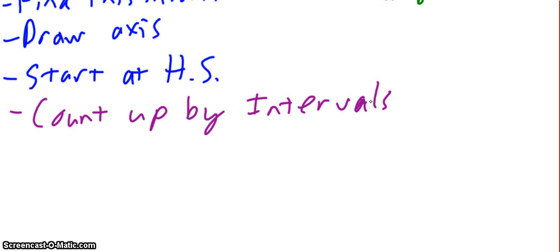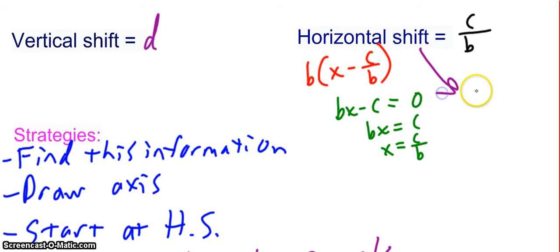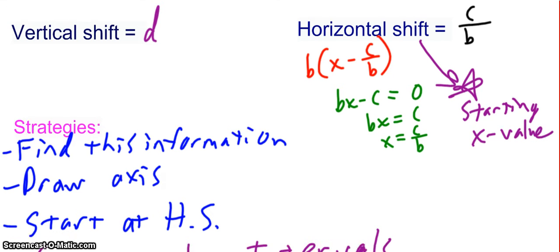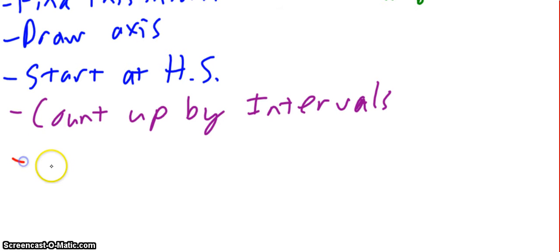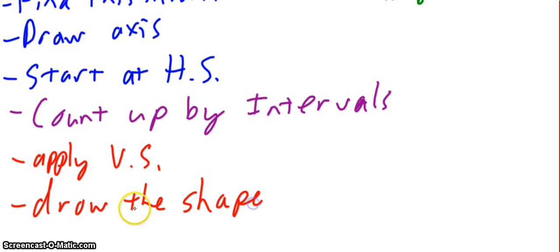Sometimes they will be both, but they are always a distance. That's how we want to think of them. The horizontal shift is always going to be our starting x value. And then we also need to apply our vertical shift. And then draw the shape, and I'll explain what I mean by that when we do an example.